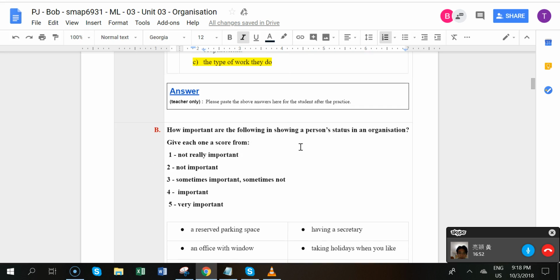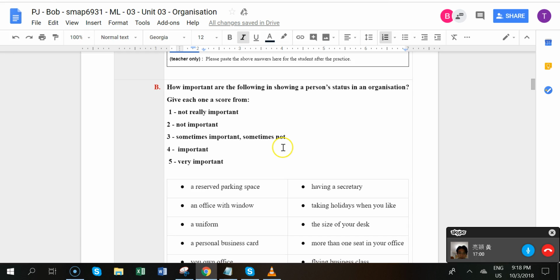Okay, this is the instruction. How important are the following in showing a person's status in an organization? This is your only answer from 1 to 5. 1, not really important. 2, not important. 3, sometimes important, sometimes not. 4, important. And 5, very important.